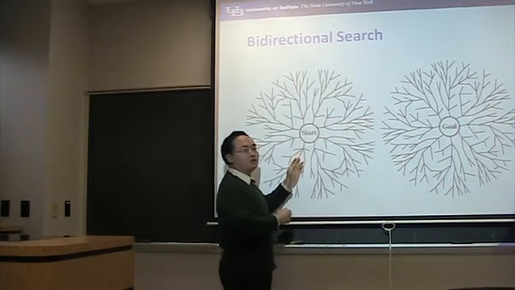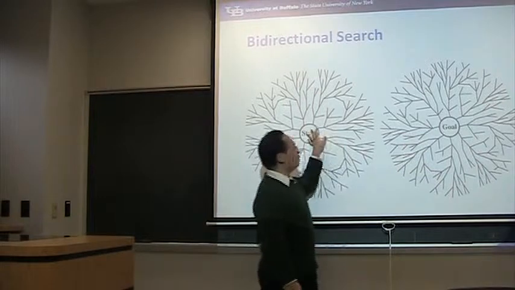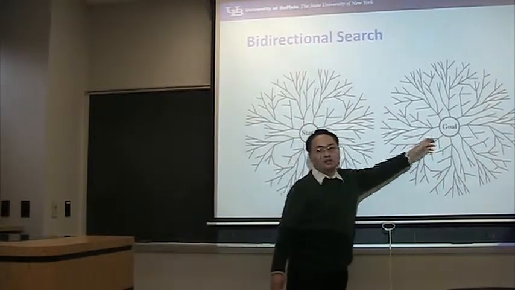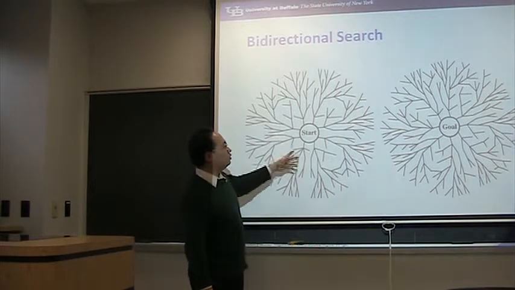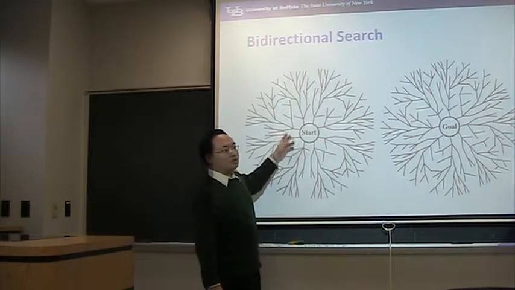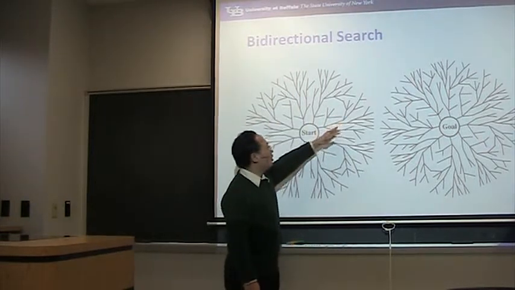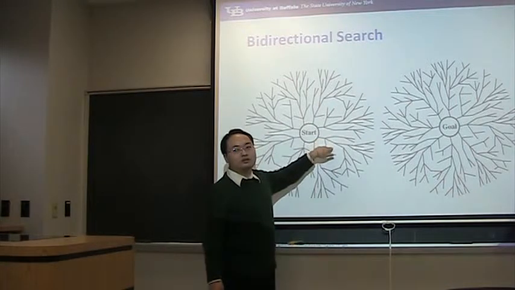The radius is from this to that big circle using one processor. But if we are using two processors, we are doing two searches simultaneously, and the diameter and the radius will be reduced to half.